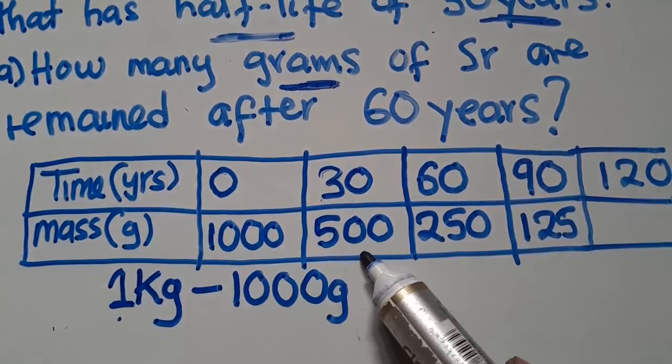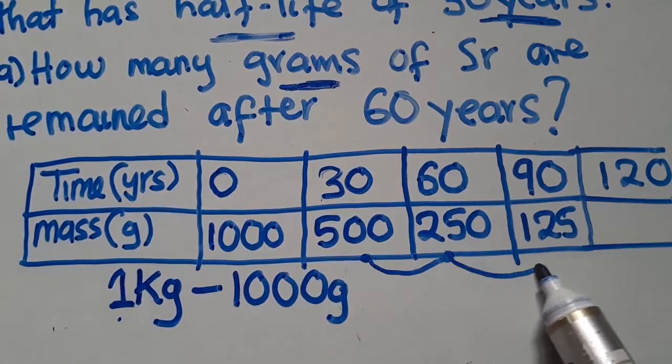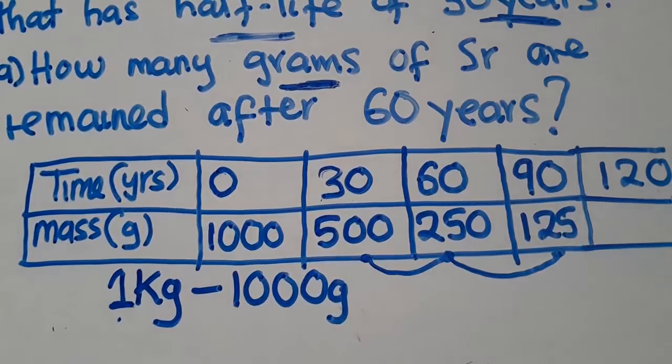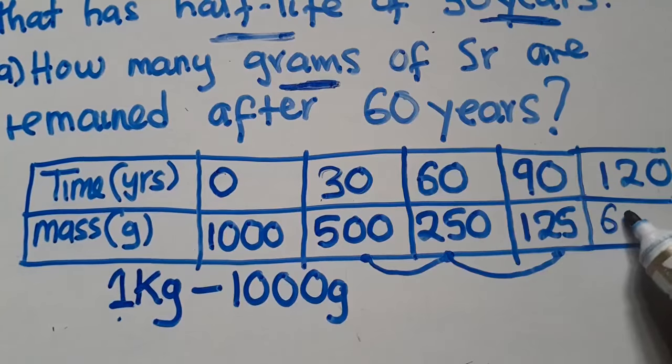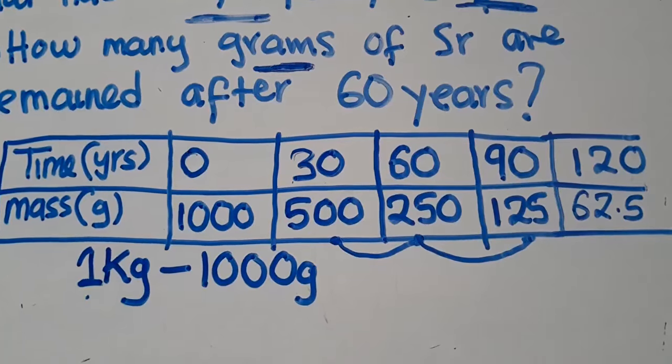Half of 1000 is 500, half of 500 is 250, half of 250 is 125. Now what is half of 125? You say 125 divided by 2. What answer are you getting? 62.5. These are grams. Once you put this table, it will really help you answer your question.